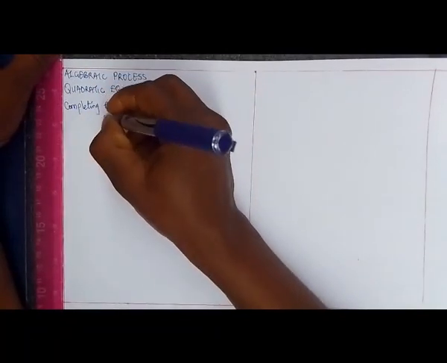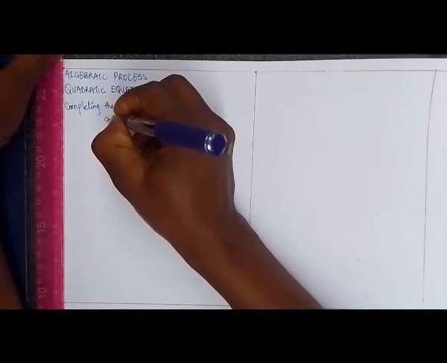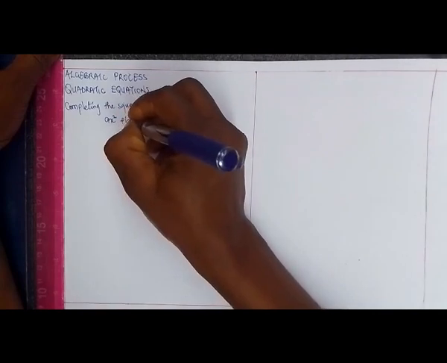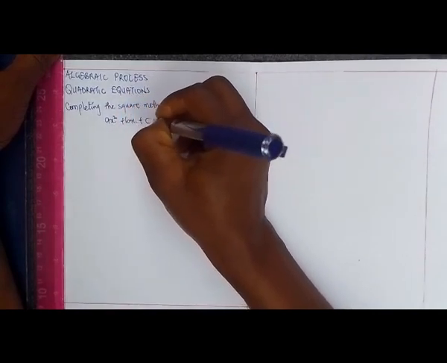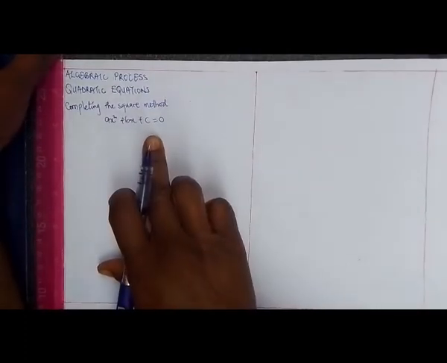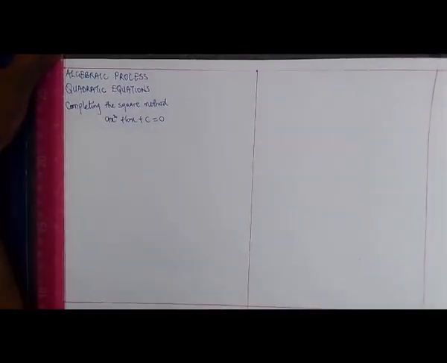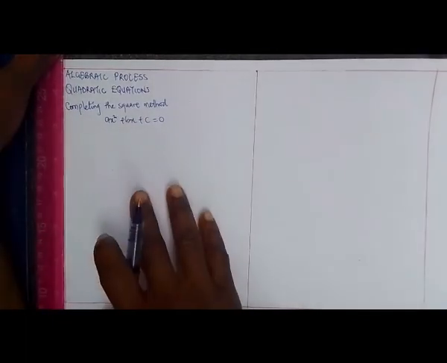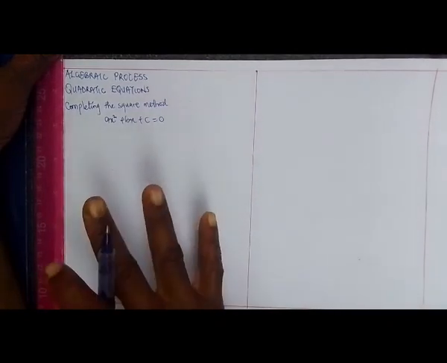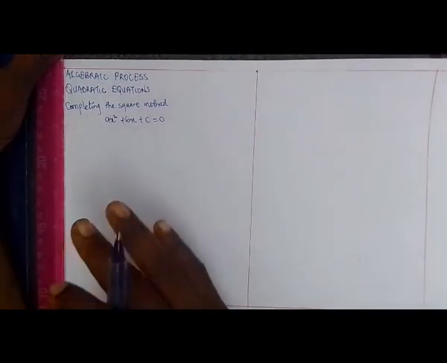Recall that we said that all quadratic equations come in this form: ax squared plus bx plus c is equal to 0. Now this one is an equation, but the question I'm going to give, a proof I'm going to give, is not a perfect square. So what do we do to make it a perfect square? Because we know that there are some equations that cannot be factorized.